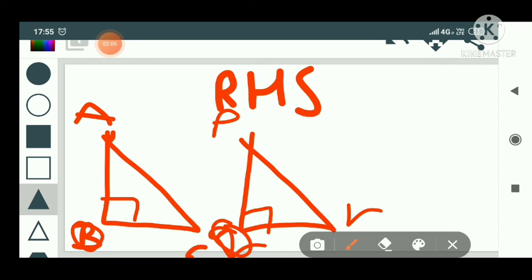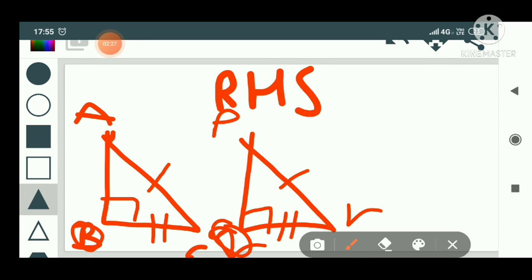Hypotenuse means opposite to the right angle, the longest side in a right angle triangle. So AC equals PR, and for another side let us take BC and QR.